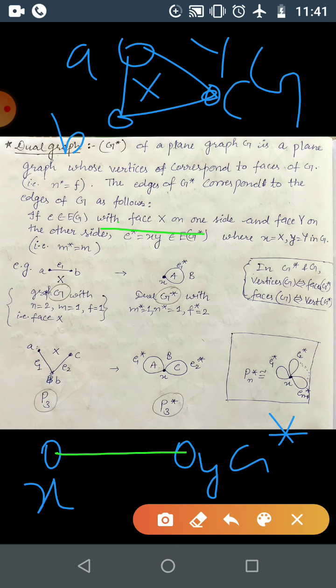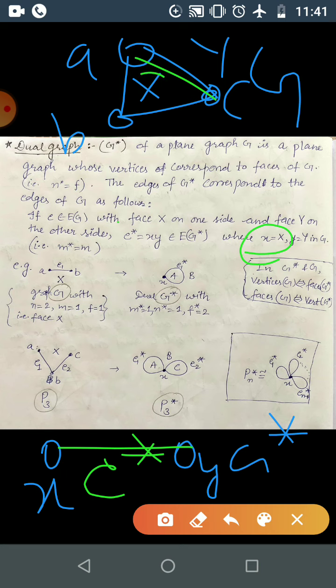So suppose this is the edge E in G, then there will be E star in G star, joining the vertex corresponding to face X and the vertex corresponding to Y. Likewise the number of edges here will be equal to the number of edges in G. So these faces become the vertices, and this edge becomes an edge with endpoints x and y.